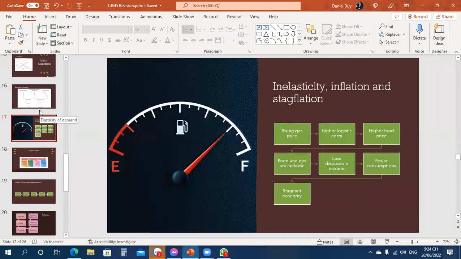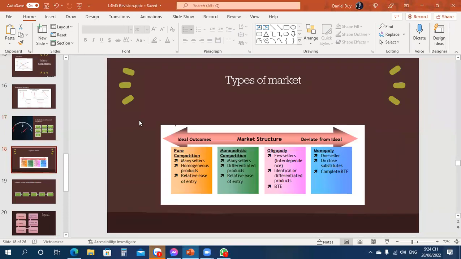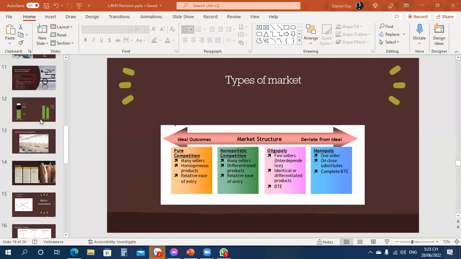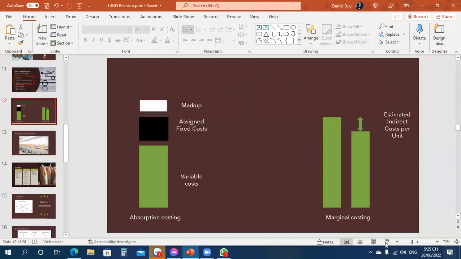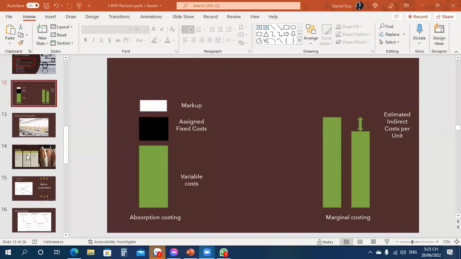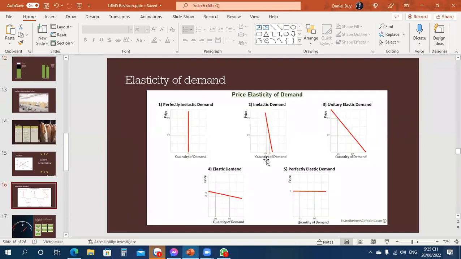Price plateau. Okay. The elasticity of demand, is it?